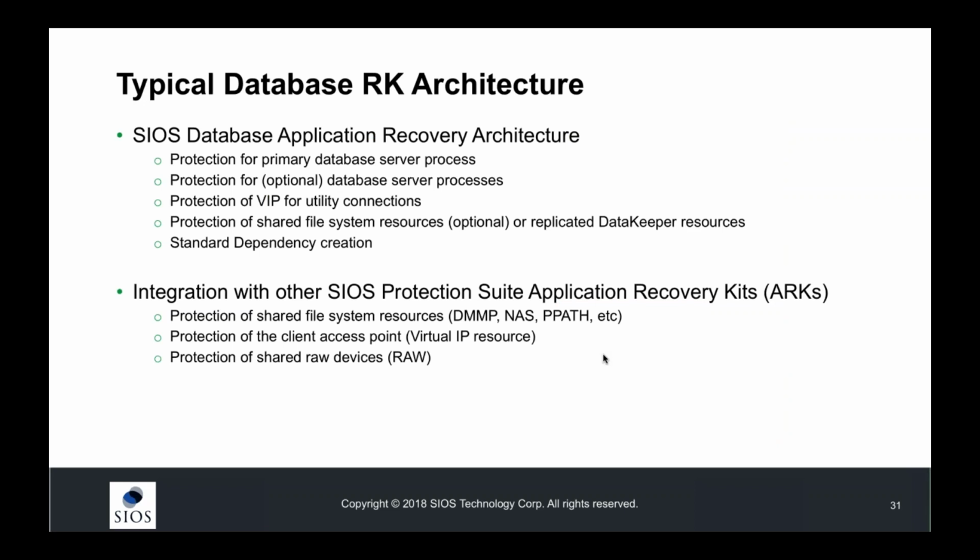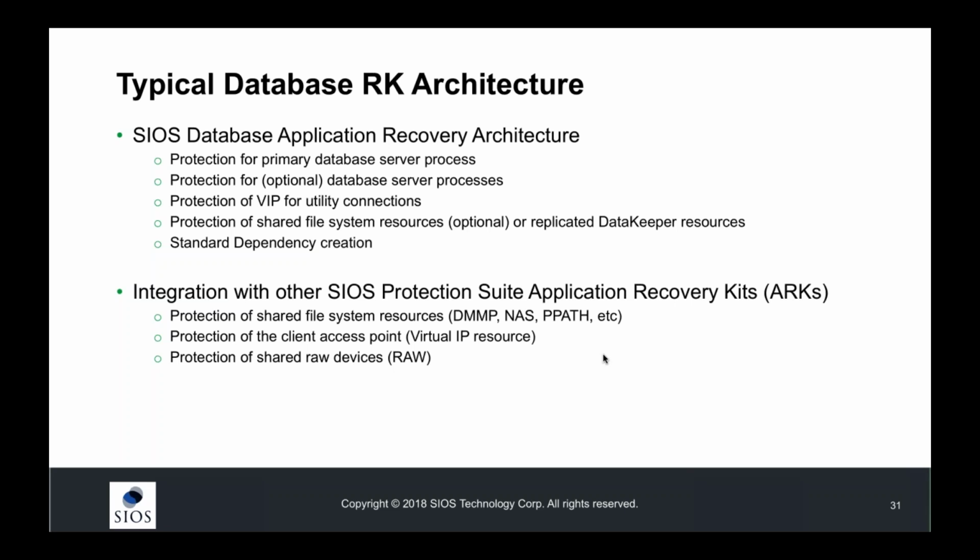So the recovery kit architecture, generally speaking, the database application recovery architecture is the one of the highest interest because usually that involves some DataKeeper resources. It involves mount points and devices that are presented to the operating system. We can have primary database server process protected, and optionally, we can have those server processes shared across the nodes.